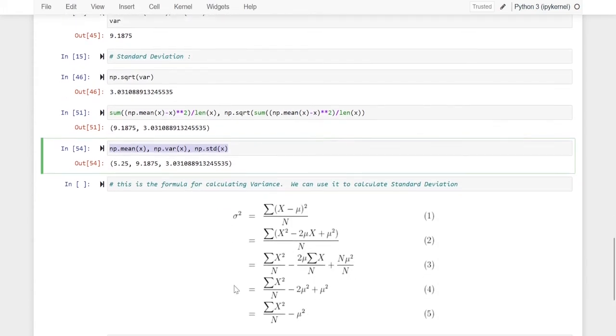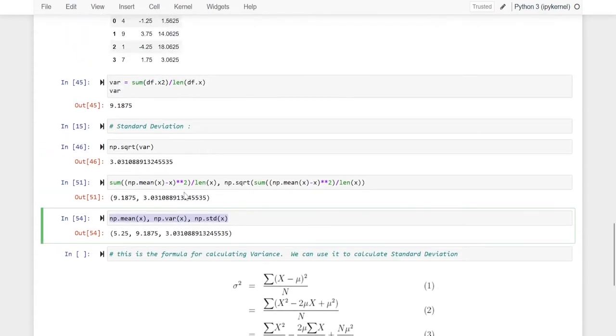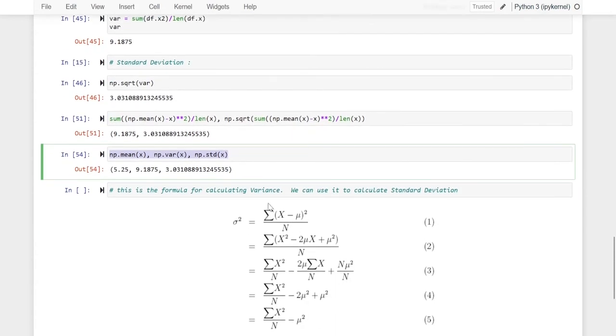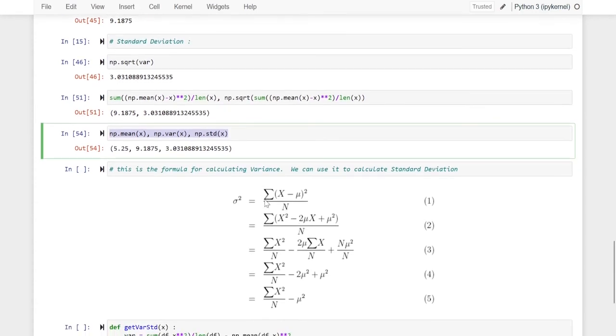Now, there is a shortcut to doing this. Okay. This is the formula for variance, right? Now, this particular thing is being simplified and we are getting this. See, sum of x square divided by n minus mu square.